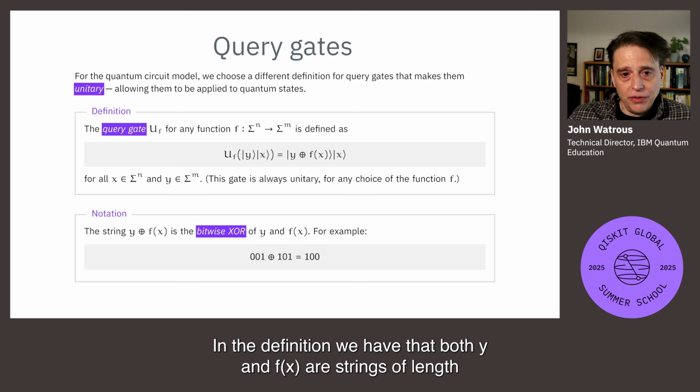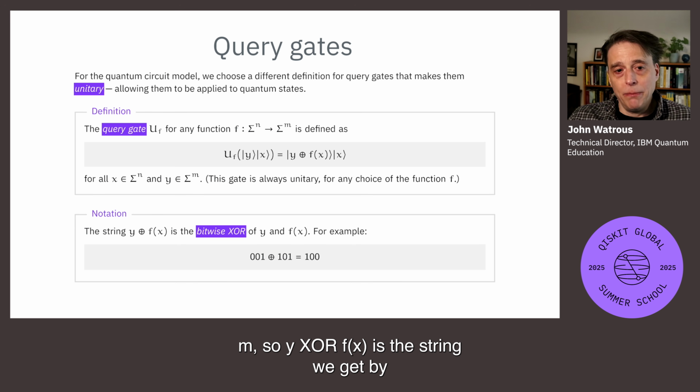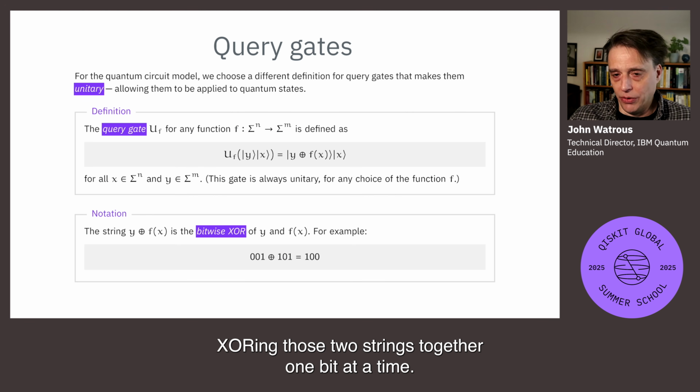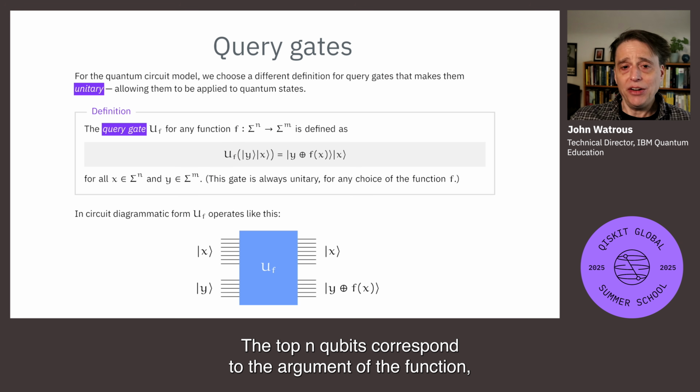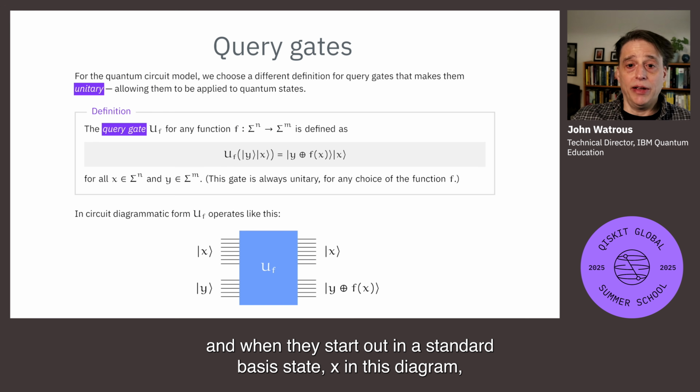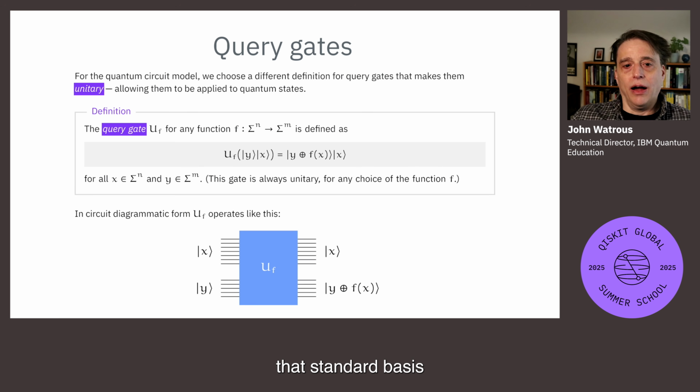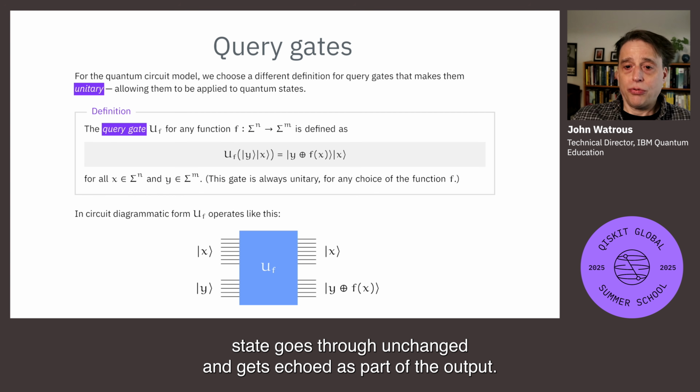In the definition, we have that both y and f(x) are strings of length m, so y XOR f(x) is the string we get by XORing those two strings together 1 bit at a time. And here's a diagram explaining how these gates work. The top n qubits correspond to the argument of the function, and when they start out in a standard basis state, |x⟩ in this diagram, that standard basis state goes through unchanged and gets echoed as part of the output.